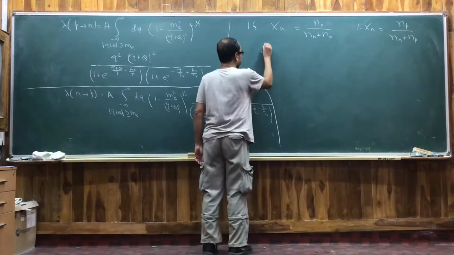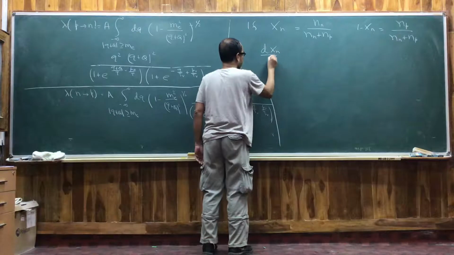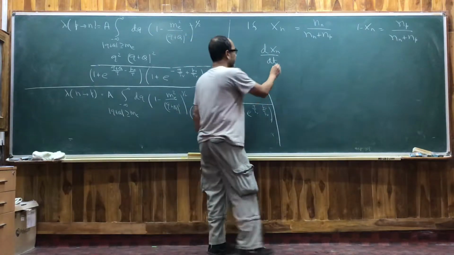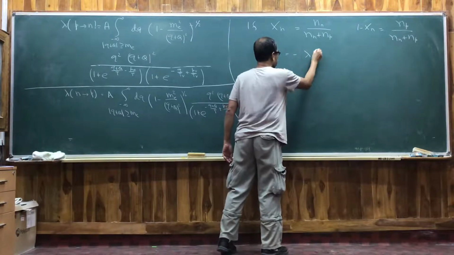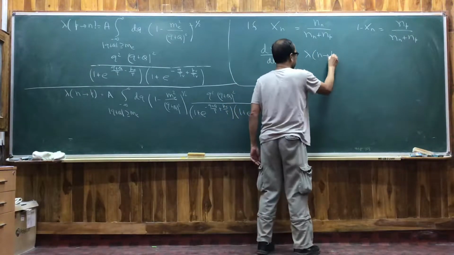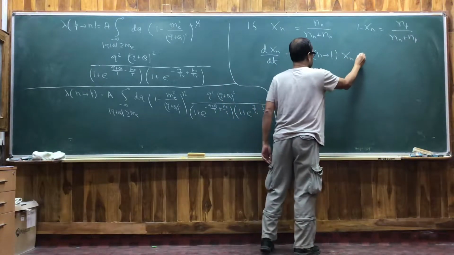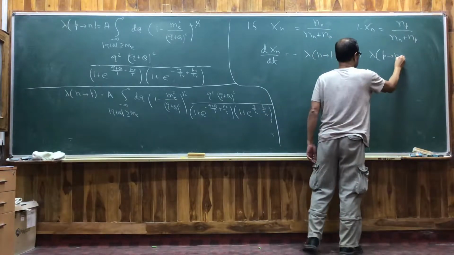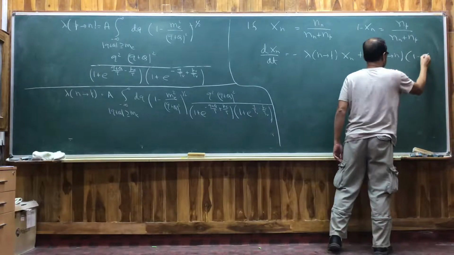And then the equation that tells us how Xn evolves as a function of time is dXn/dt equal to minus lambda n to p times Xn plus lambda p to n times 1 minus Xn.